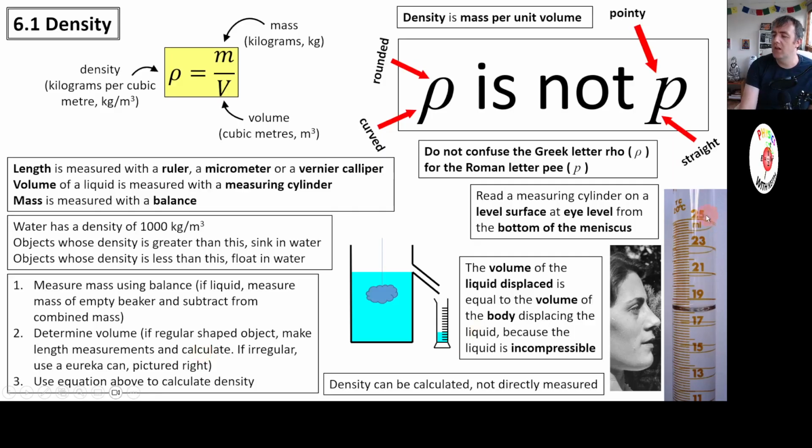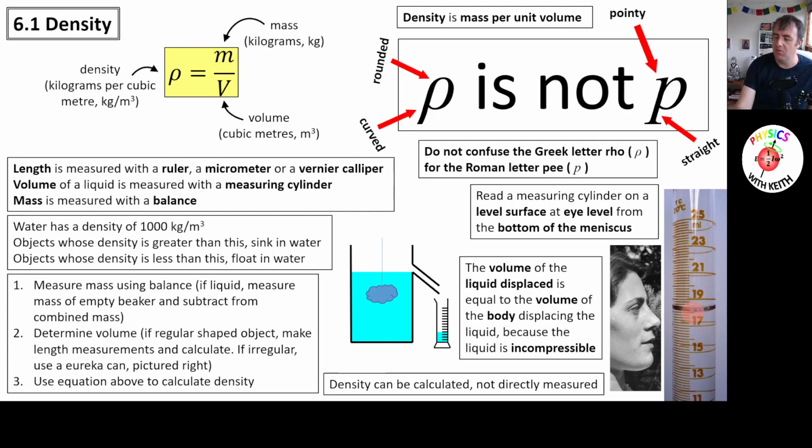When we're measuring volume using a measuring cylinder, we need to make sure that we are viewing the surface of the liquid perpendicular to the scale to minimize, to reduce, maybe even eliminate the parallax error that would happen if you were viewing the bottom of the liquid from lots and lots of different angles.